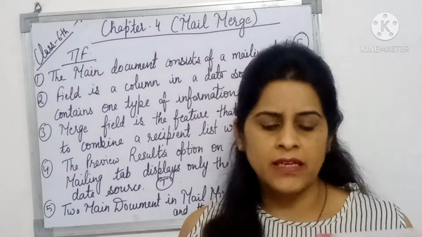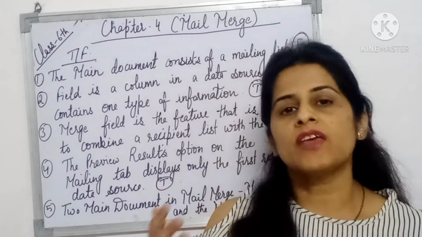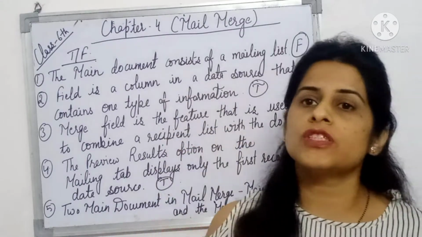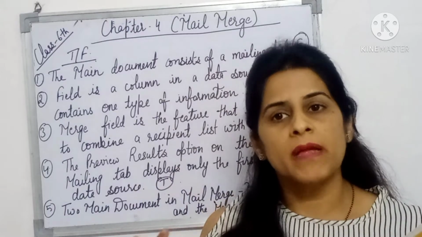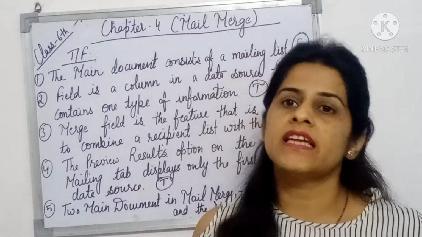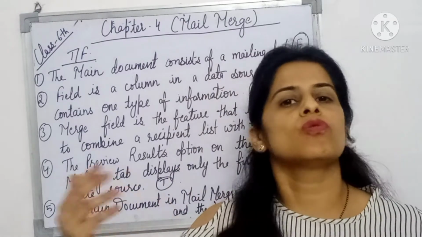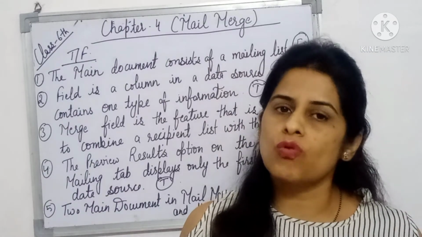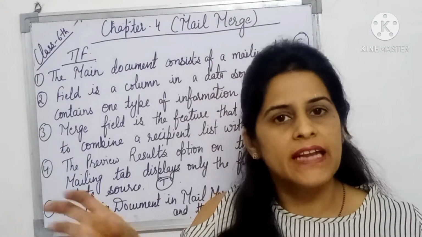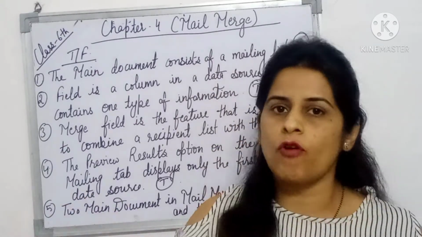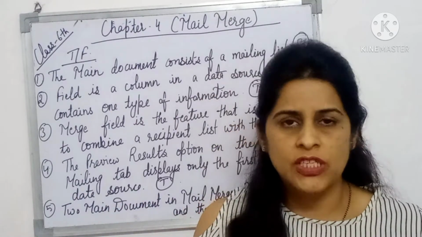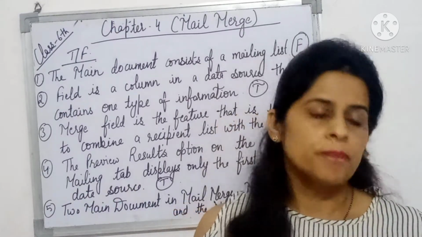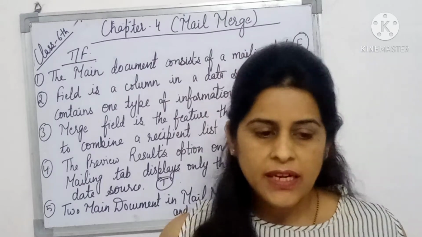Where will it add the details of the new clients, so that whenever the company sends the main document to all of their clients, that document also goes to the new clients? Then the answer is the data source, because in the data source we made a table in which we store all the information of the persons to whom we want to send the letters. So the first answer is data source.